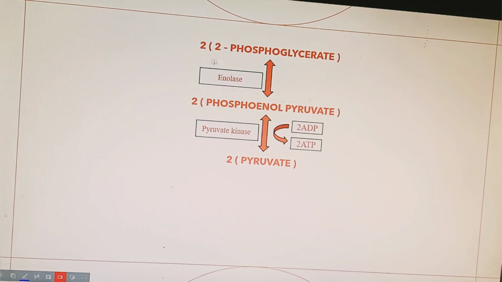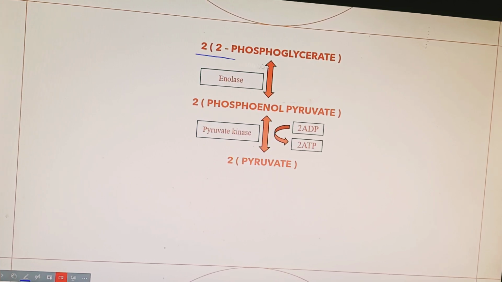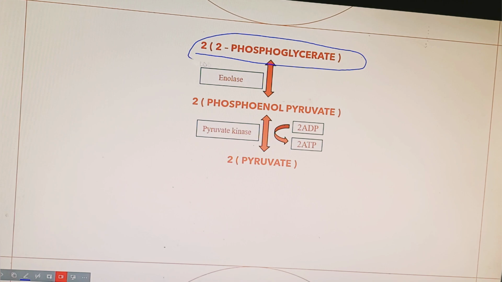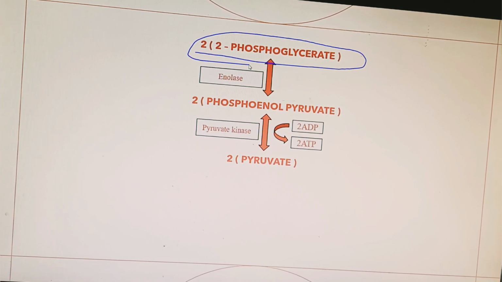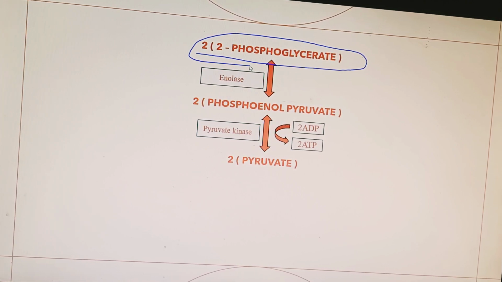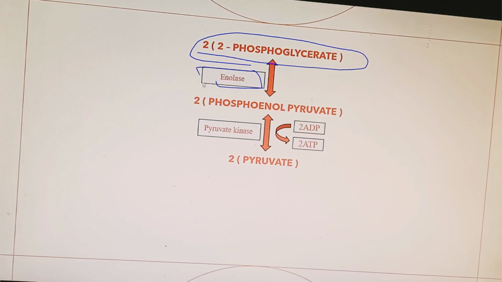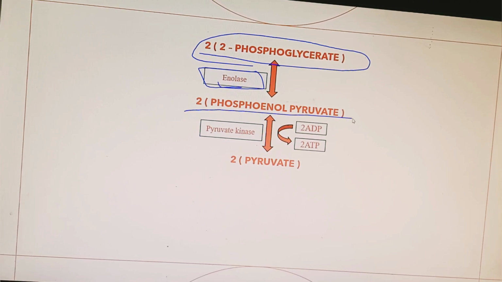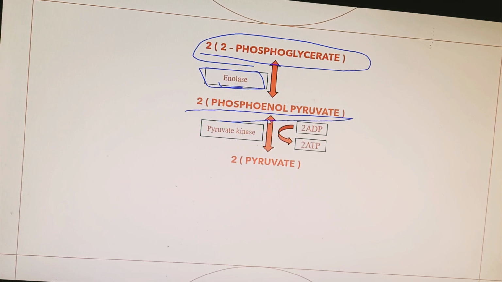Further, 3 phosphoglycerate gets converted into 2 phosphoglycerate by an enzyme called mutase. Basically, there is only a shifting of the phosphate group from the third position to the second position in this reaction.